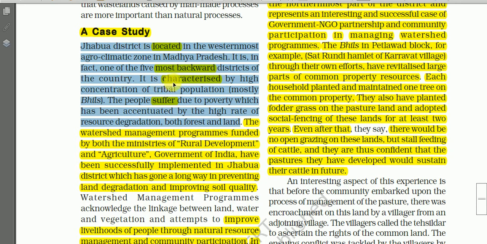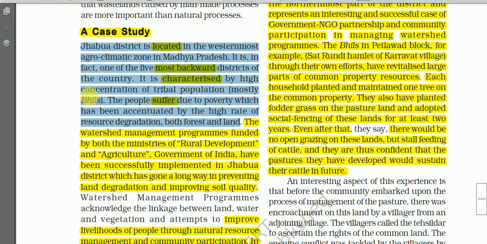This district is characterized by a high concentration of tribal population, mostly Bhil tribes. And the people suffer due to poverty, which has been accelerated by a high rate of resource degradation, both forest and land. So this is about Jhabua district.